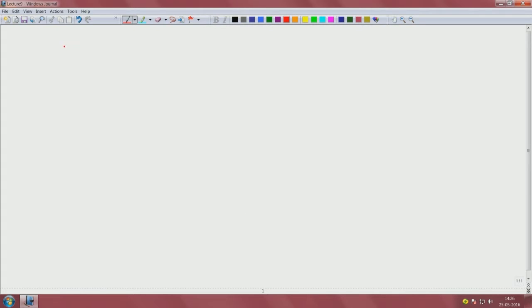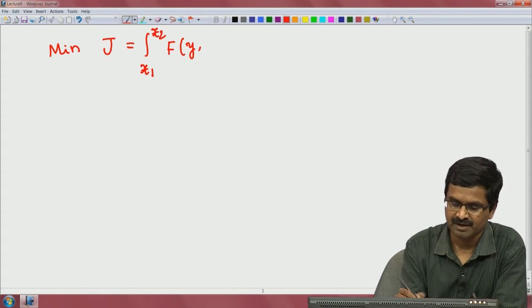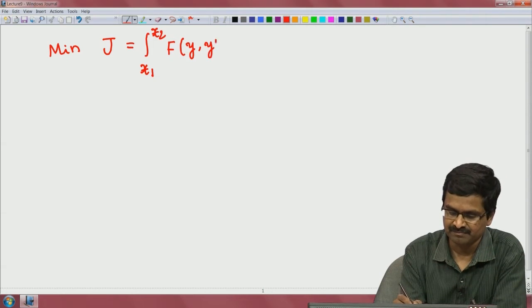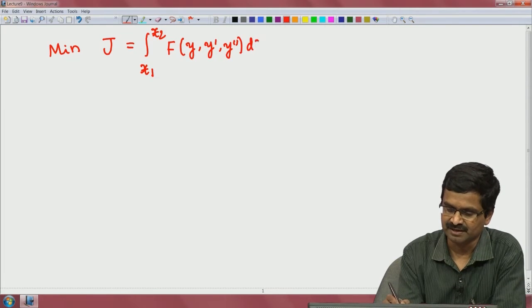Okay. So, let us take a problem. Let us say I want to minimize a functional J, which we take in the form of an integral going from x1 to x2, integrand f which depends on a function y and y prime, and if you want we can also put y double prime as well, dx.